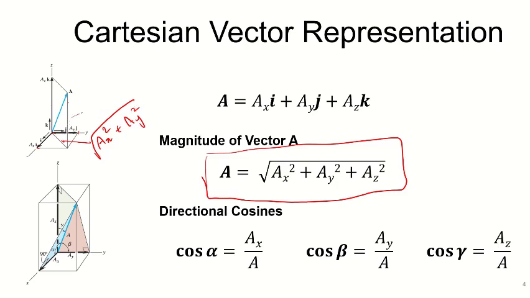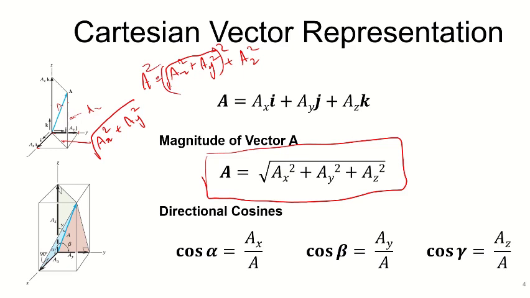Then this one is Az, and the length of A, the vector A, is the square root of Ax squared plus Ay squared plus Az squared.